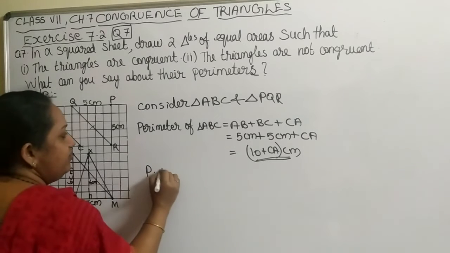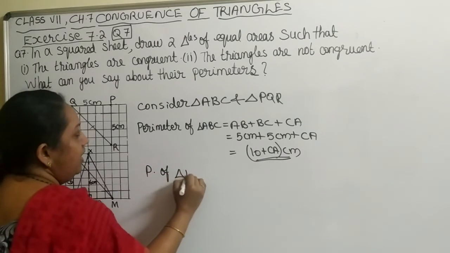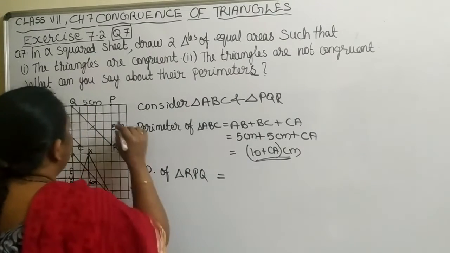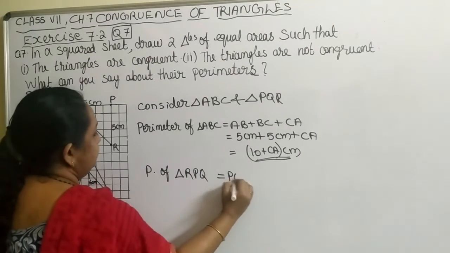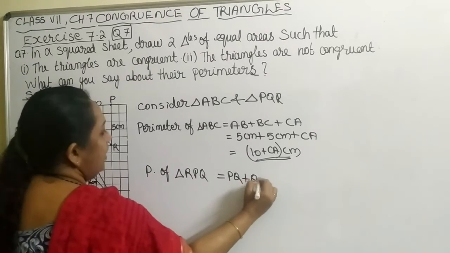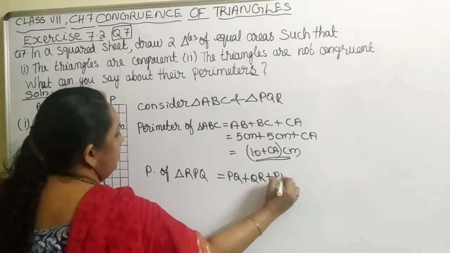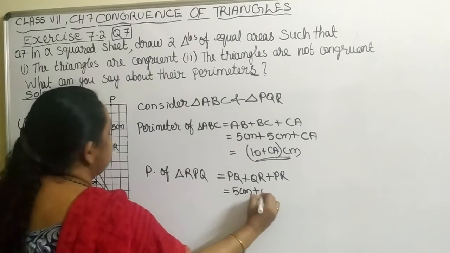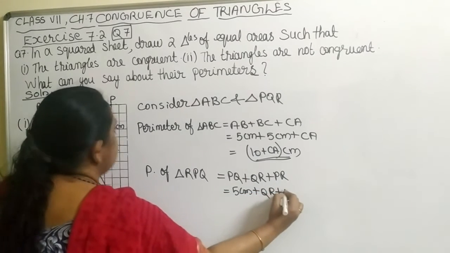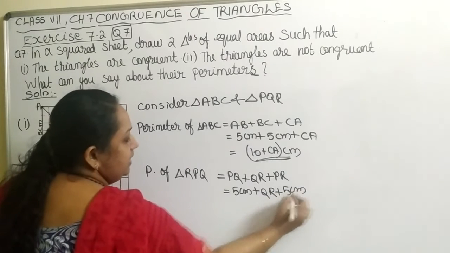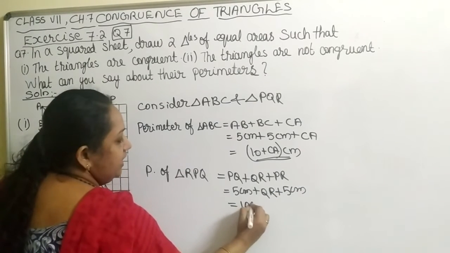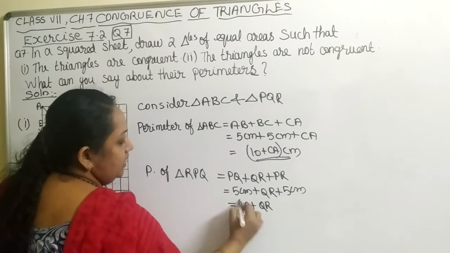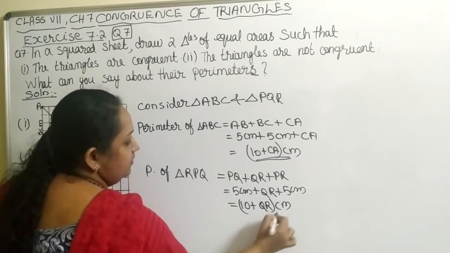Now we can see perimeter of triangle RPQ equal to PQ plus QR plus PR. PQ is 5 centimeter plus QR plus PR is 5 centimeter. While adding we get 10 plus QR centimeter.